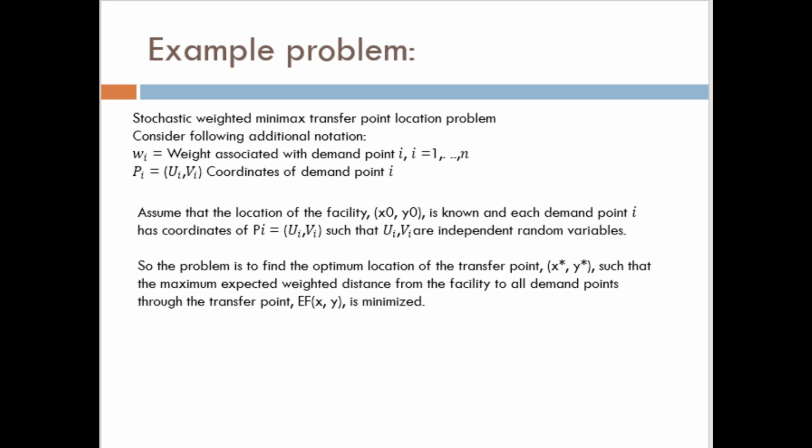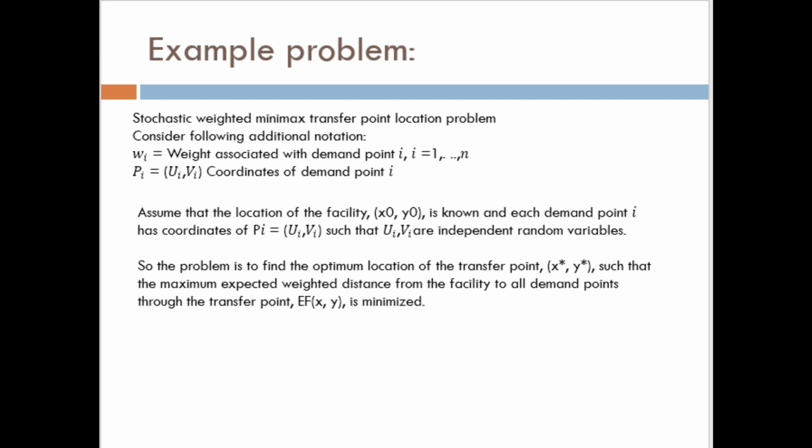P sub i, with coordinates u sub i, v sub i, is the location of demand point i. Let's assume that the location of the facility, x sub 0, y sub 0, is known, and each demand point i has coordinates P sub i, u sub i, v sub i, such that u sub i and v sub i are independent random variables.